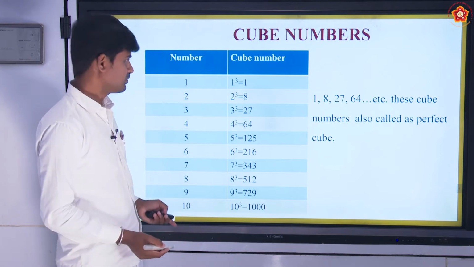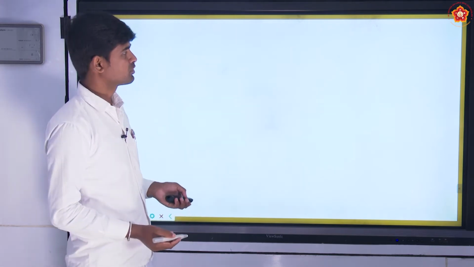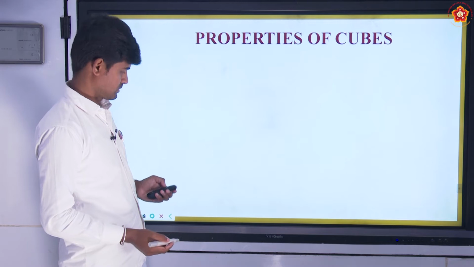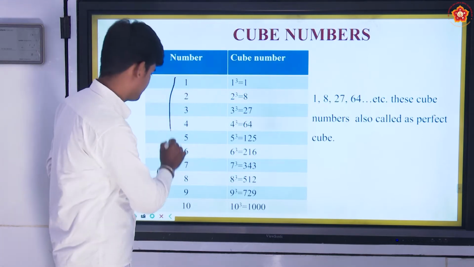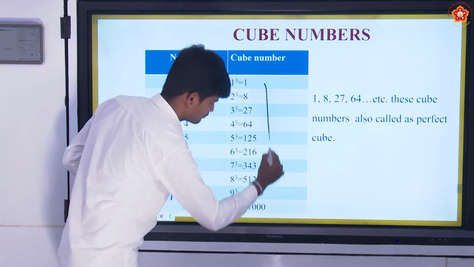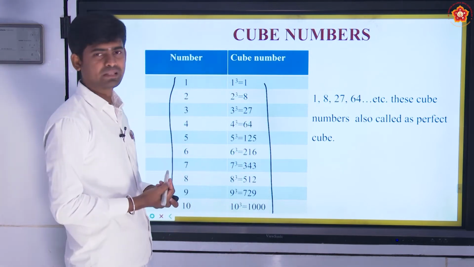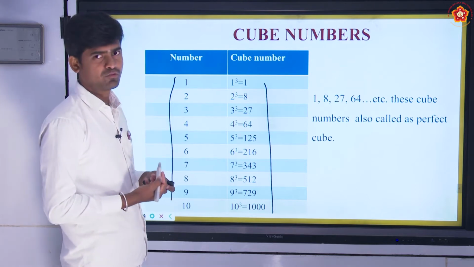Next, we discuss some properties of cubes. You have to observe the numbers and also the cube numbers. What similarities and properties do you observe?